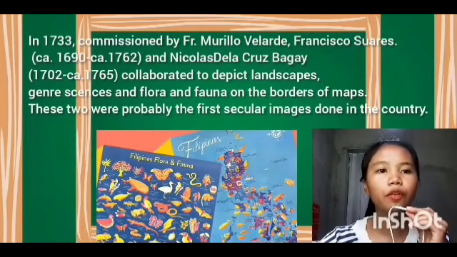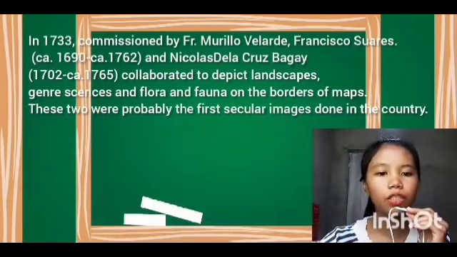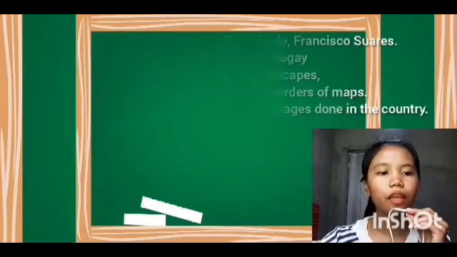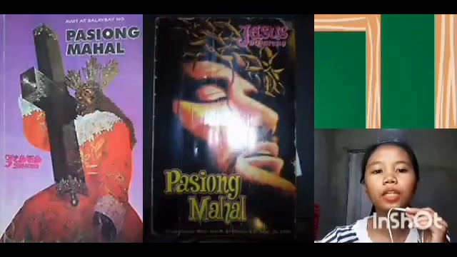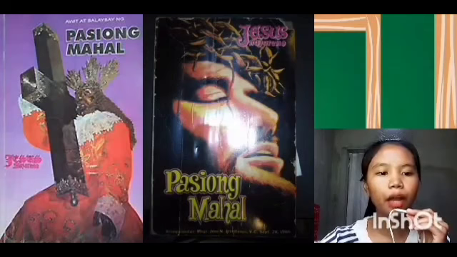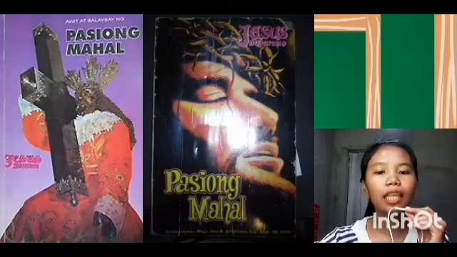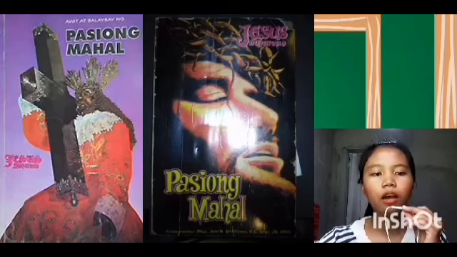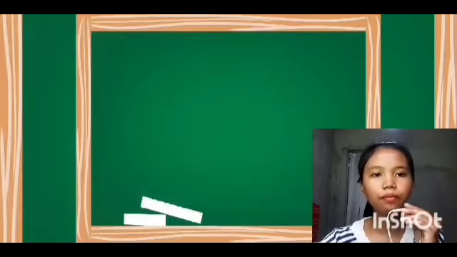These two were probably the first secular images done in the country. These images illustrated the Passion written by Gaspar Aquino de Belen, entitled Mahal na Pasyon ni Hesus Kristong Panginoon natin na tula, or the Holy Passion of our Lord Jesus Christ in verse.